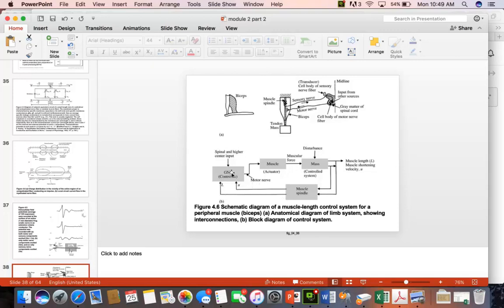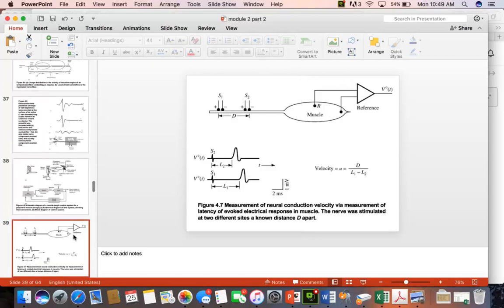And then here's sort of what the measurement system looks like. So you're actually measuring, it's dependent on muscle length, you're looking at the velocity at which the muscle shortens, basically trying to do a control system. Look at it as sort of a control system for those of us who have some knowledge of that.